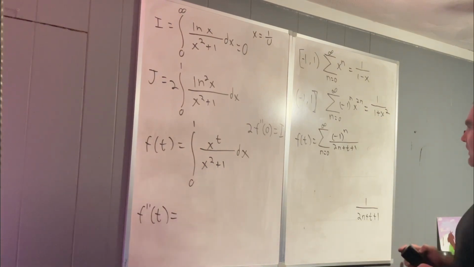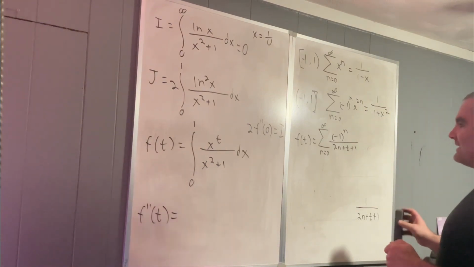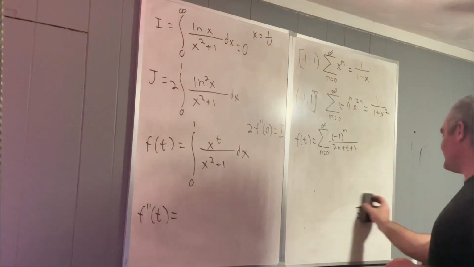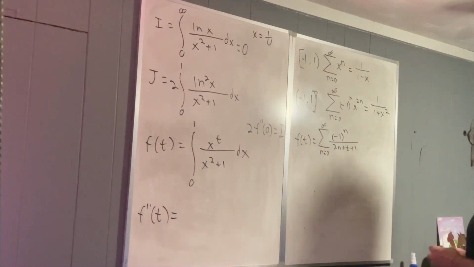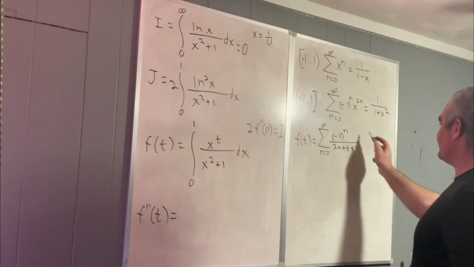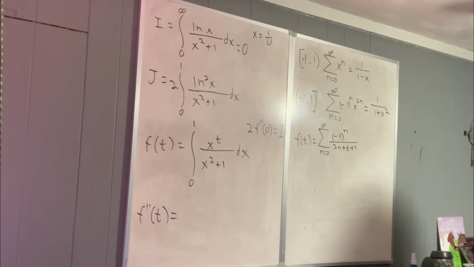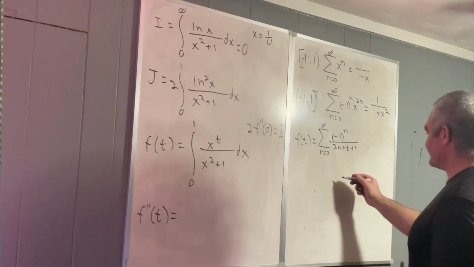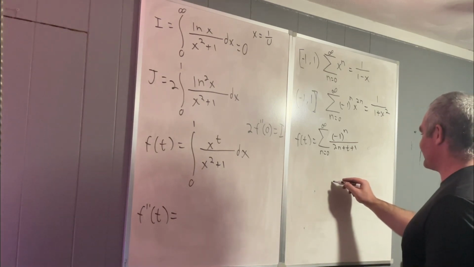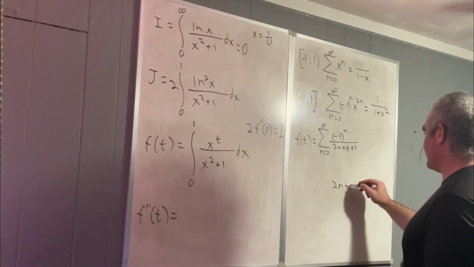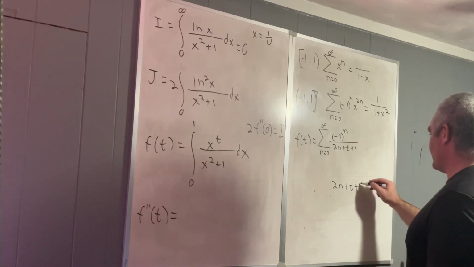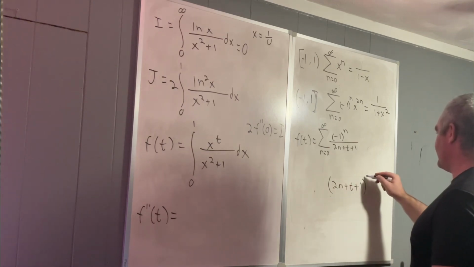Okay, but let's continue with what we were trying to do. So we need to take two derivatives of this thing. That's going to be very easy. Basically, the derivative of this, we can ignore the -1 to the n as long as we put it back. So let's just take two derivatives of 2n plus t plus 1 to the -1.